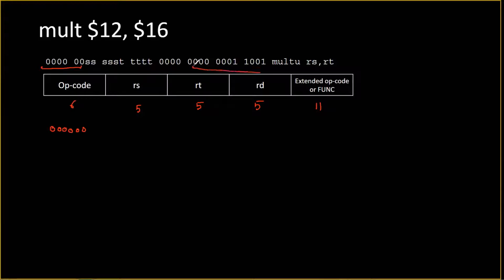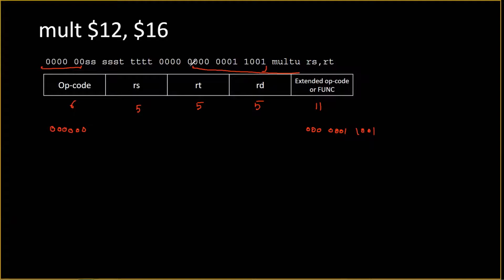So that's going to be the 11 bits for the extended opcode. So 3 zeros, and then 0001, and then 1001. Okay, and then you see here that these ones are hard coded to 0.